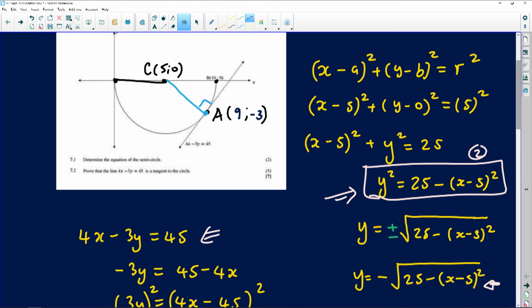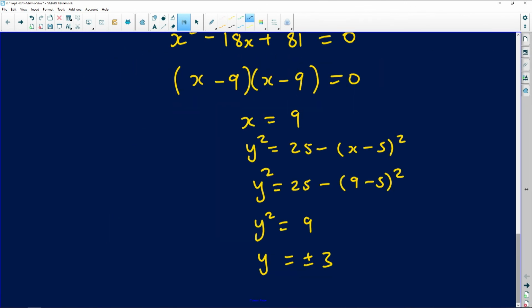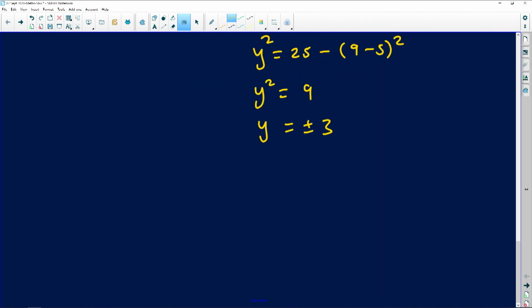Why? Because if you look at the positioning of that particular point A, it has to have a negative y coordinate. So my final answer here is that the point of contact between these two is at 9 and negative 3, right?